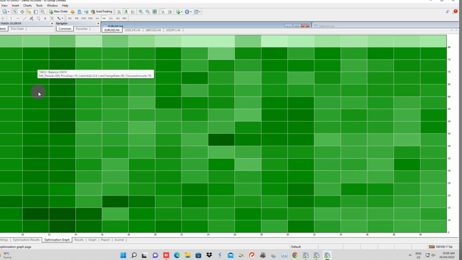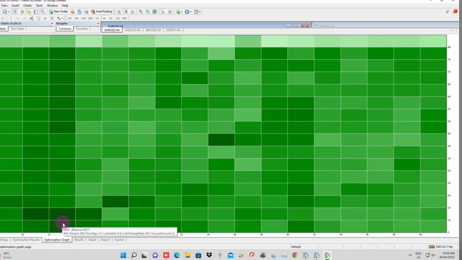So for instance, that might be a better concentration, or that one there in particular might be a better concentration of where your setting should be rather than the outlying highest amount. So these heat maps are extremely valuable when you're making setting decisions.